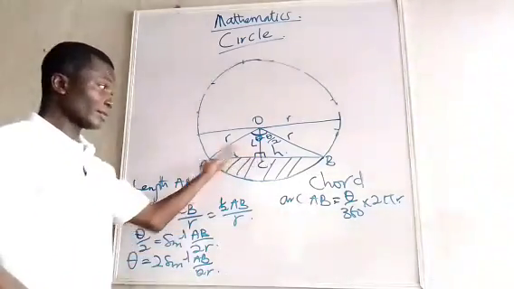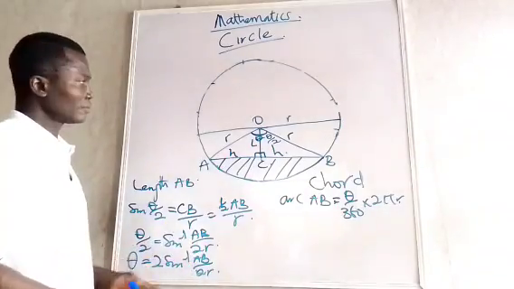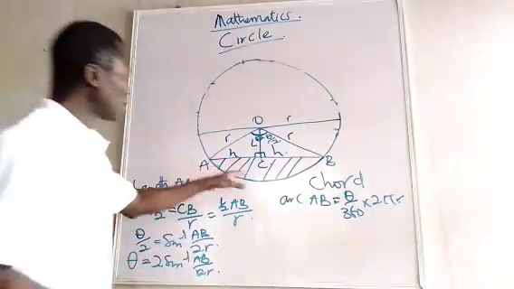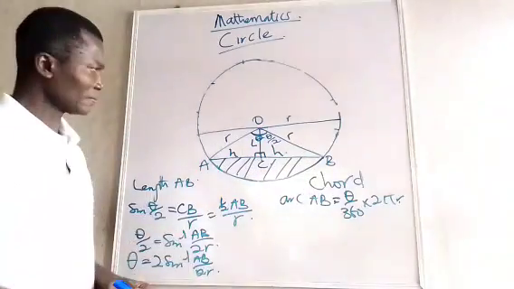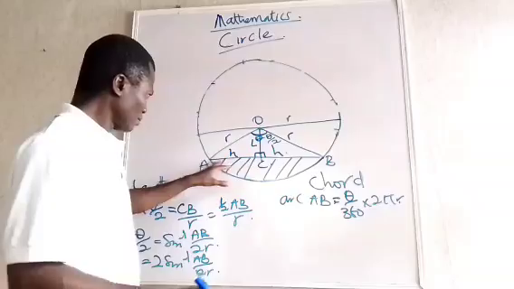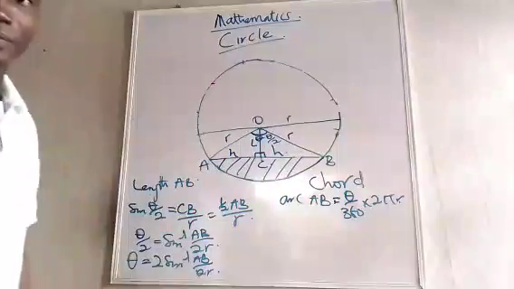Now you can see we have just been able to bring out a right-angled triangle from this. So what I was talking about is, if I want to get this area, how do I do it? I will get the area of the whole sector, and from there I will subtract the area of the triangle within. Let's see.